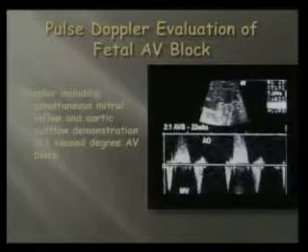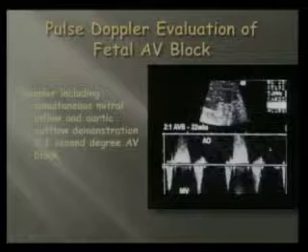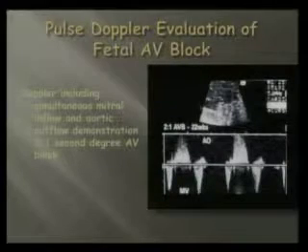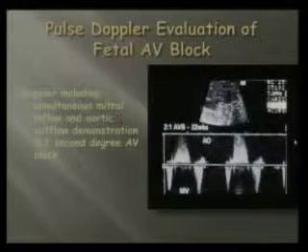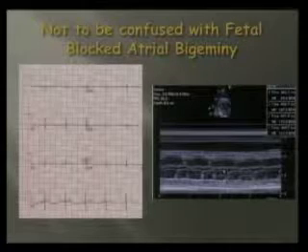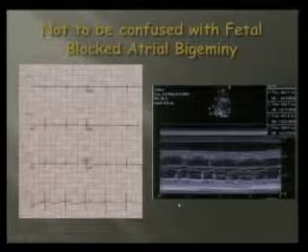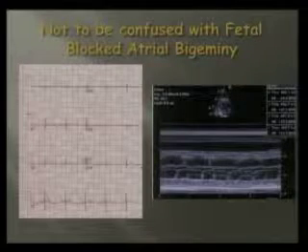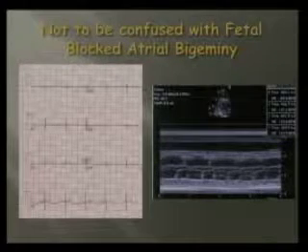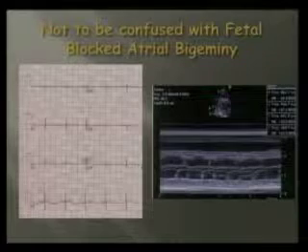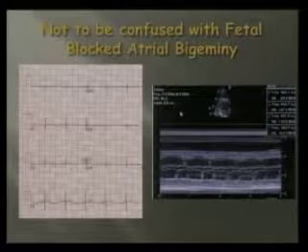This one conducts, this one doesn't. This one conducts, this one doesn't. So every other beat is blocked at a fixed ratio, and that'll give you a ventricular rate that's regular, but most second-degree heart block is going to be very irregular. So you'll see up, up, up, up, up. But fixed ratio block can be a problem.